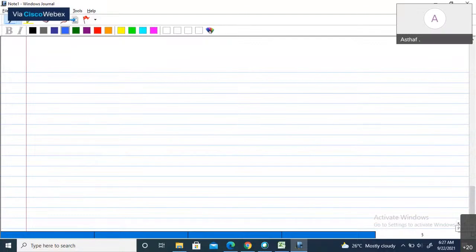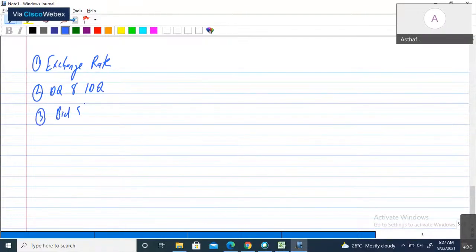We were discussing what is meant by exchange rate, what is meant by direct quote and indirect quote, and what is meant by bid and ask rate.